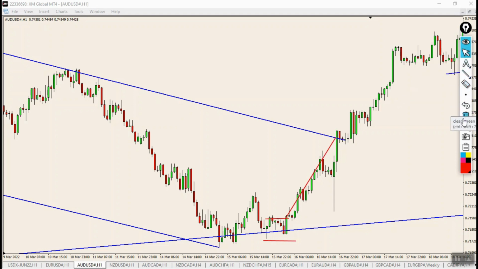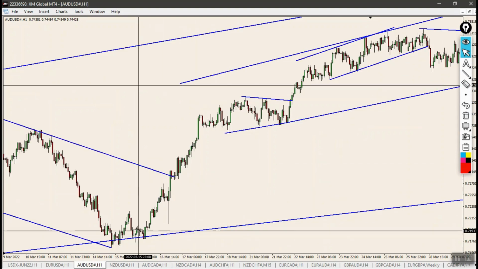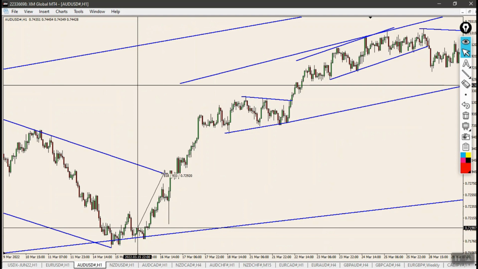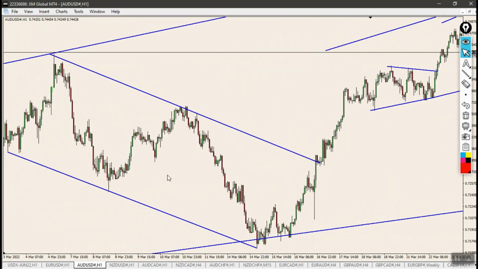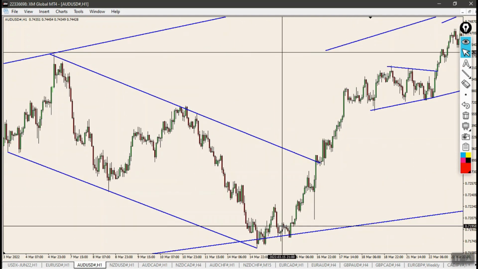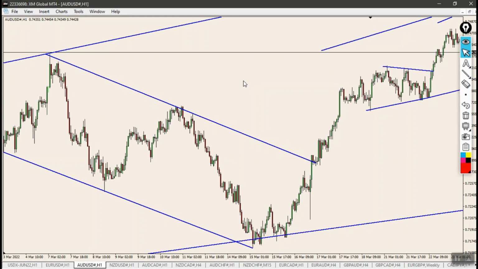If you entered this one, you would have probably banked, I believe, 90 pips to this trend line, and you have, let's see, 230 pips to the 90% rule. So yeah, that's how you use your high risk entries. Let's move on to the next segment where we get into the low risk entries.